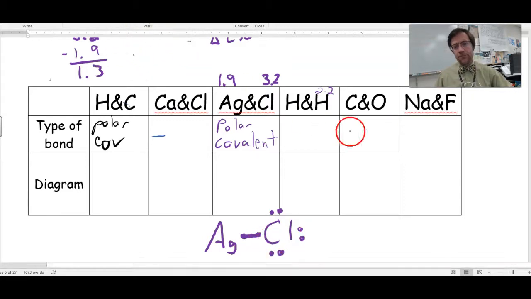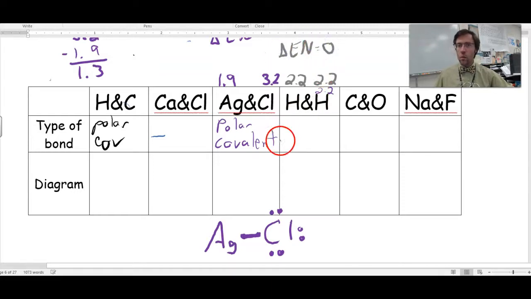So let's move on. The next one is hydrogen, and I just looked it up a minute ago that hydrogen is 2.2, and the other hydrogen is 2.2. So the difference in electronegativity equals 0. Ooh, one of the rare ones. This is weird. Non-polar covalent.